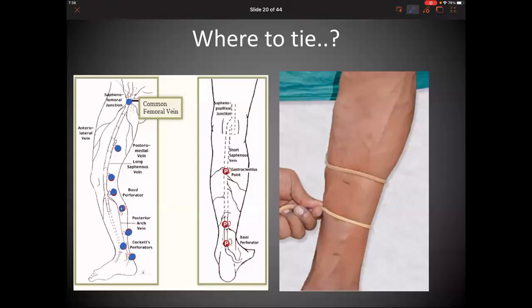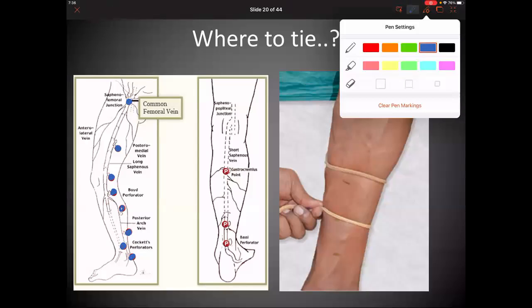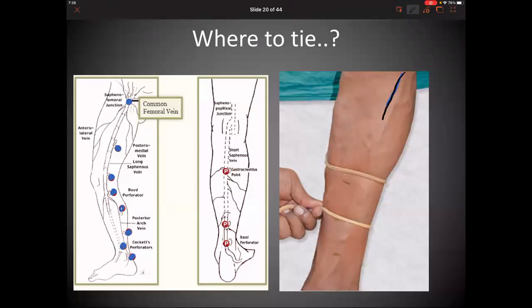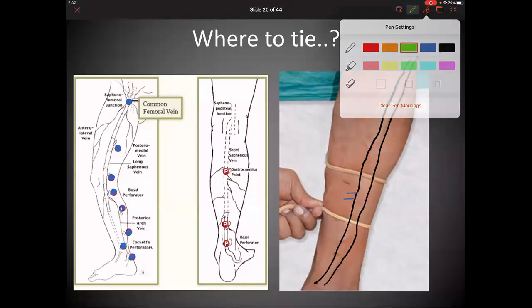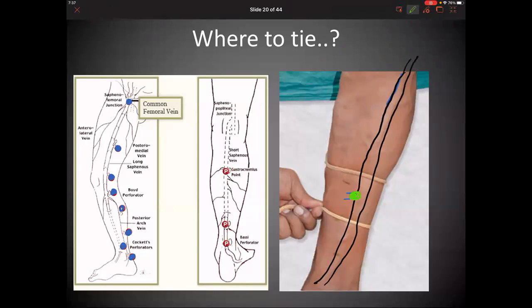Now, see this picture. The screen in front of you shows the great saphenous vein. So this is how the great saphenous vein is going up. Now, in the great saphenous vein, there are perforators, which I'm trying to show you by this color. And what is important is these perforators are responsible for reflux if they are incompetent.